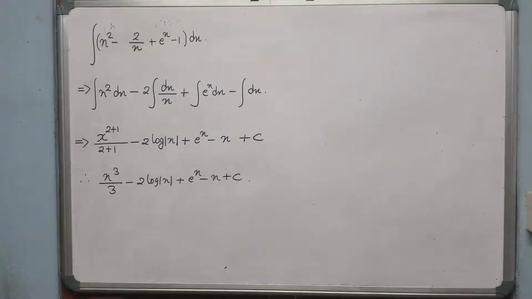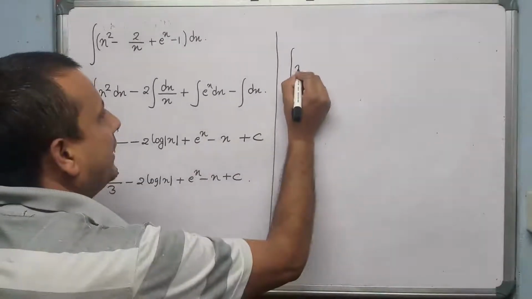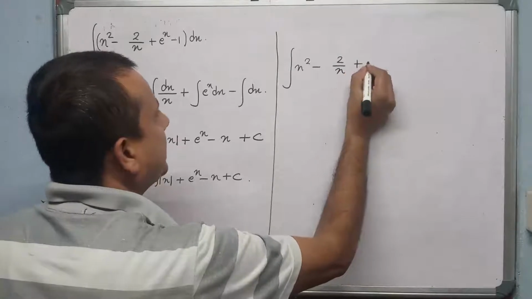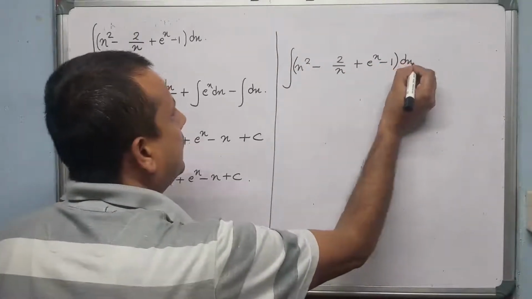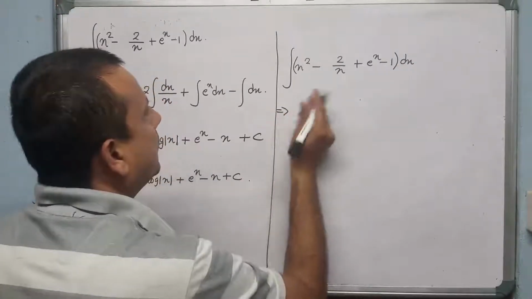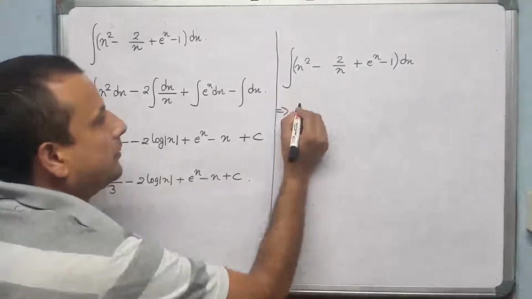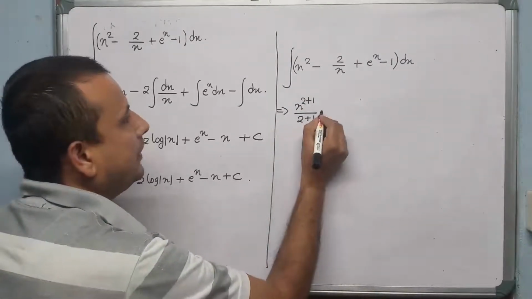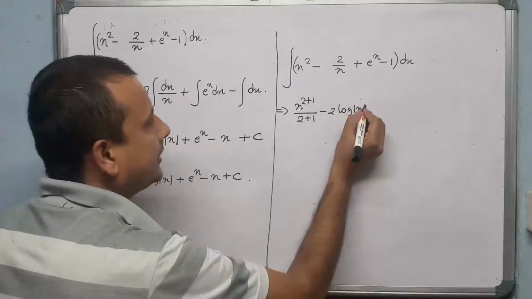But after knowing the formula, the same question you can do directly in this way. X square minus 2 by x, if you are perfect in the formula, without separating, directly we can integrate. Integration of x square will be x to the power n plus 1 divided by n plus 1, minus 2 integration of dx over x is log x.